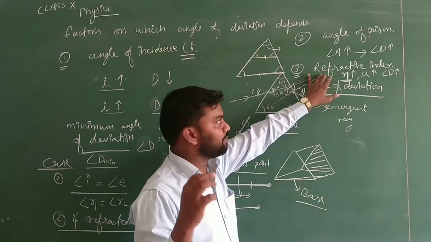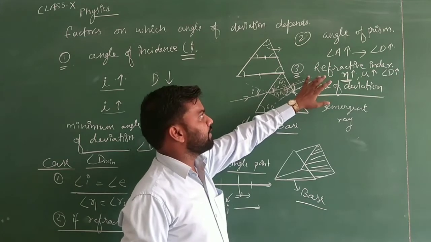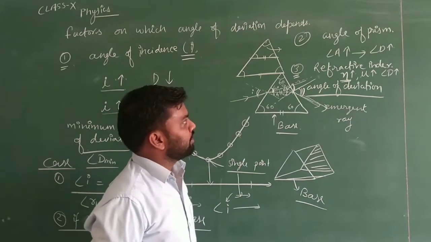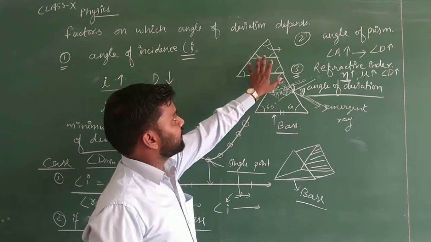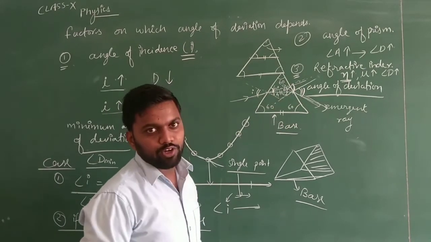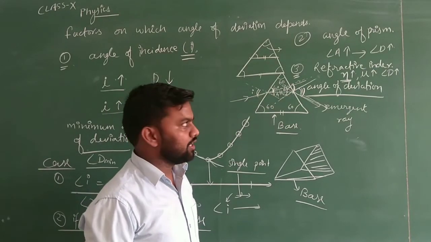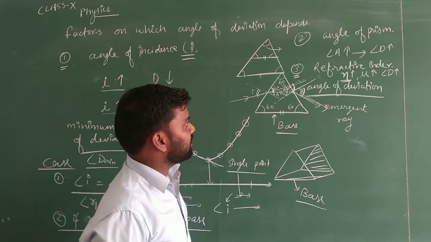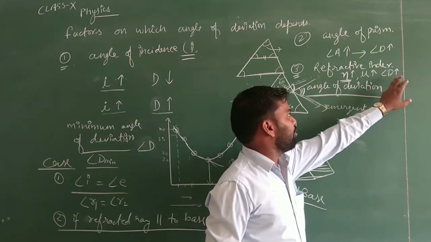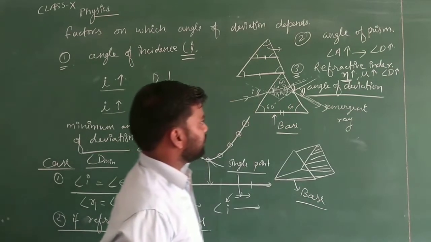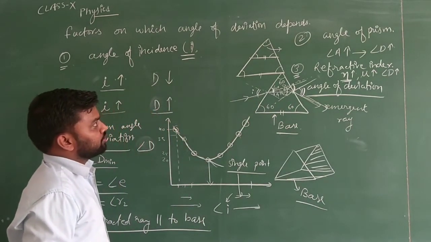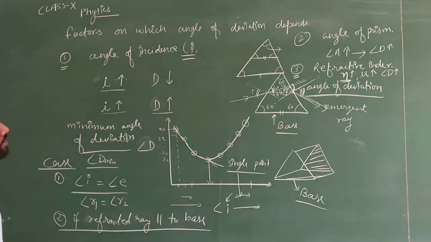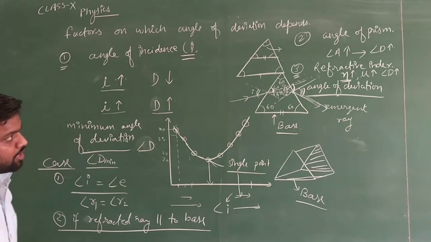Actually it is a property of that material. If the light inside the prism shows a higher value of refractive index, you can clearly say that the angle of deviation will also increase in that particular case. So these are the properties on which the angle of deviation depends.